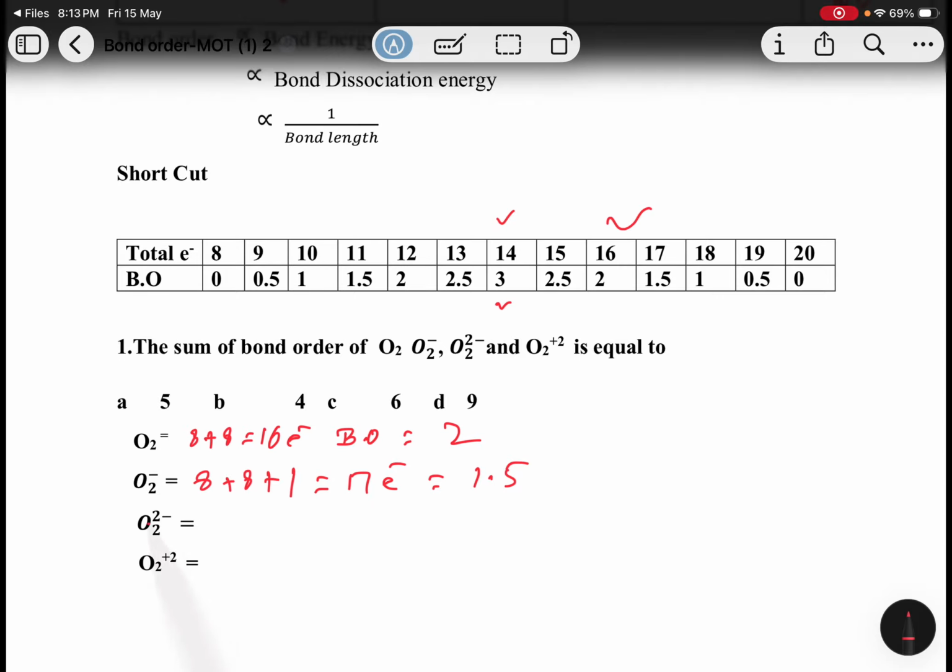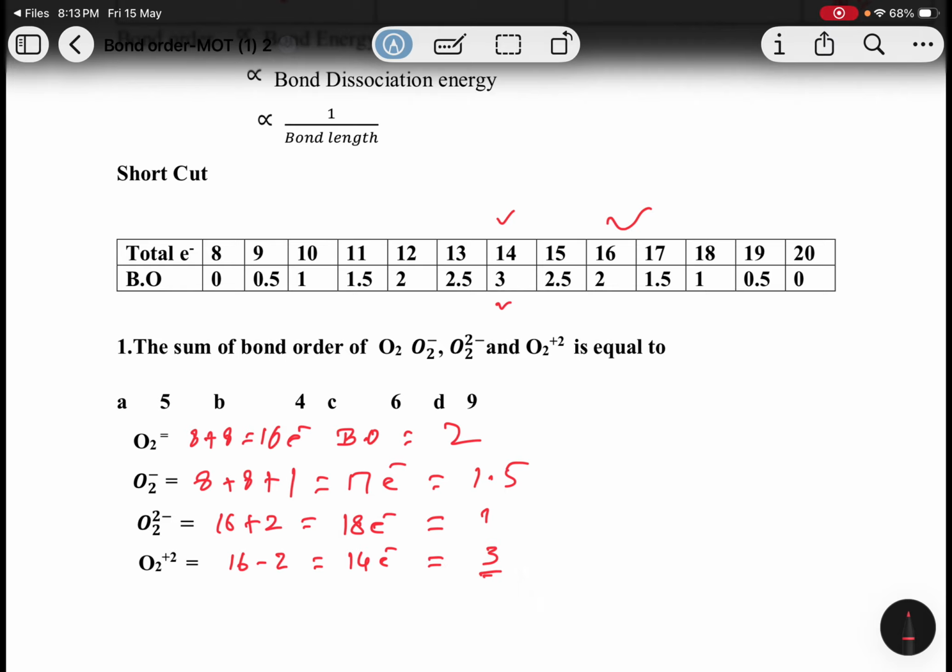O2 2 minus: O2 means 16 electrons, minus 2 means add 2 electrons, so total 18 electrons, so bond order equal to 1. O2 2 plus: O2 means 16 electrons, plus 2 means subtract 2 electrons because it loses 2 electrons. So this is 14 electrons, so bond order is equal to 3.